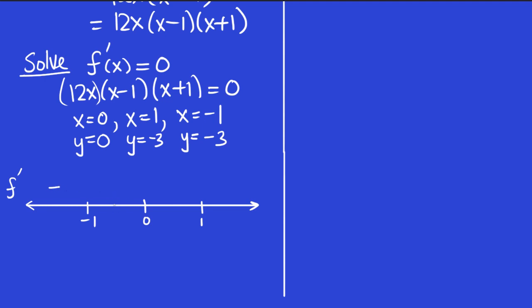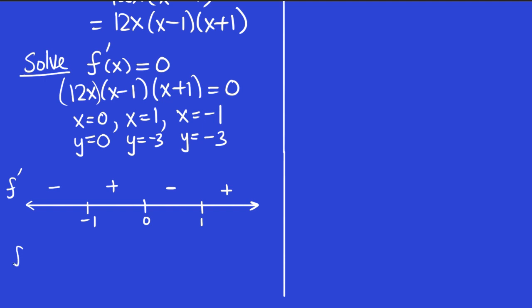If I take any number around here and put it in, such as negative 1/2, it's going to become positive, because this will be negative, this will be negative, but this will be positive. Any number in this region will make the derivative negative, and any number over here will make it positive. So you see, the negative signs on the derivative mean the function's decreasing, and the positive mean it's increasing.